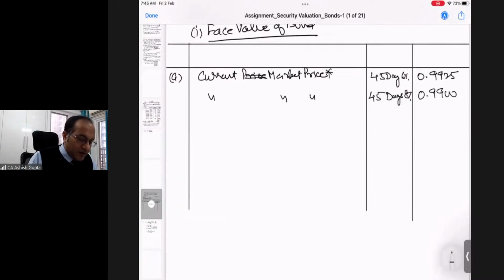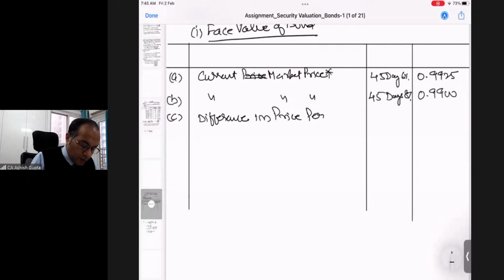So what is the difference between? It is a kind of interpolation. 0.225.